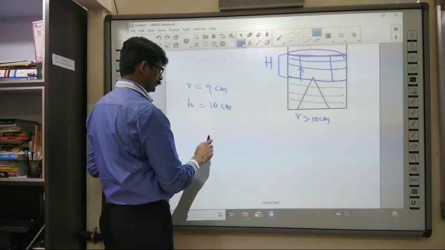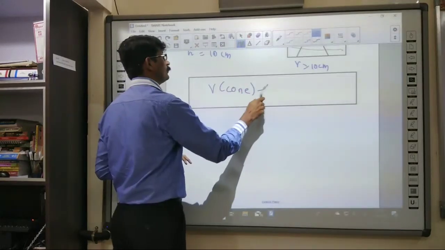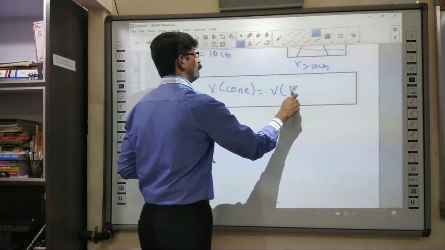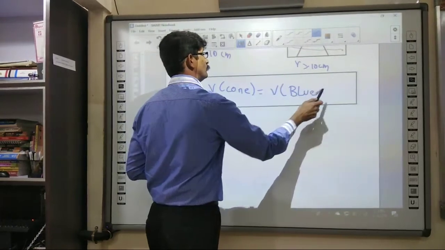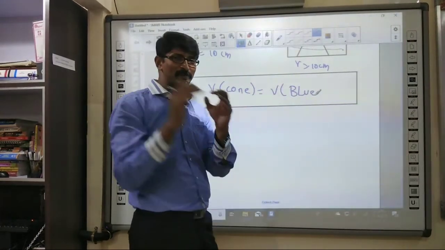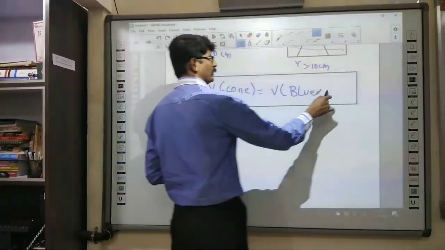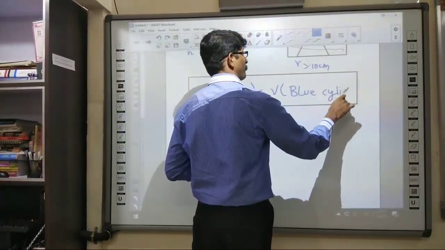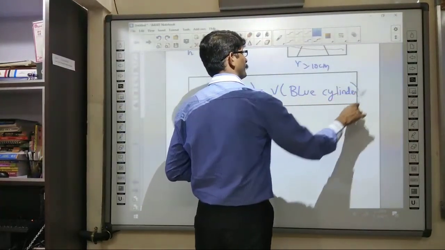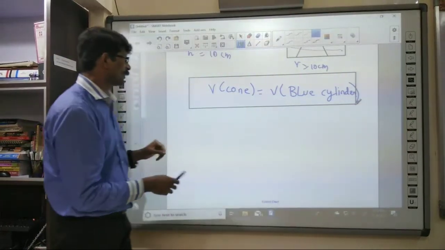So what is this equation? Volume of cone is equal to volume of blue. Now I'm writing blue. In your notebook, please draw that shaded portion and write down that shaded cylinder, because I have used the blue cylinder.